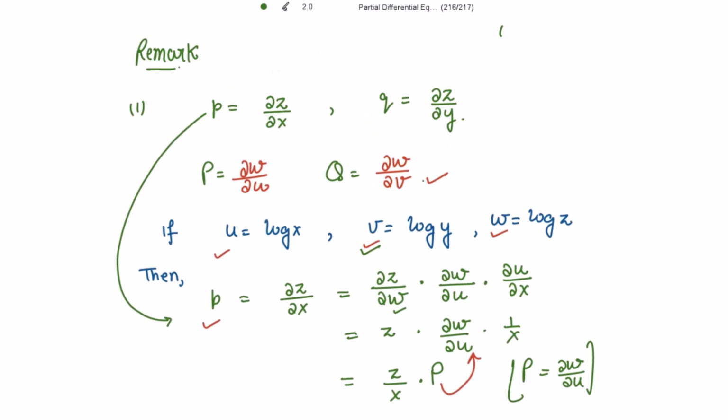So you have to take the capital P to be the partial derivative of w with respect to u and capital Q to be the partial derivative of w with respect to v. Please remember these two.